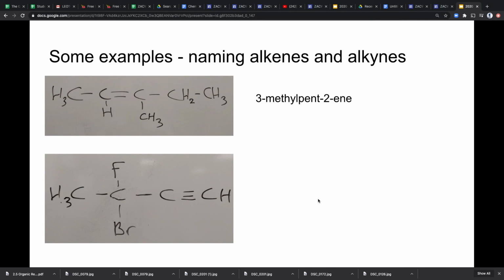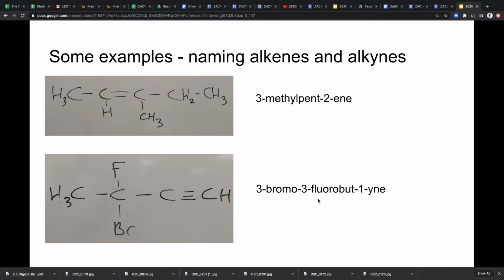Sorry. You had a good start. 3-bromo, 3-fluoro is good. But-1-ine, just a small change there because it's an alkyne.